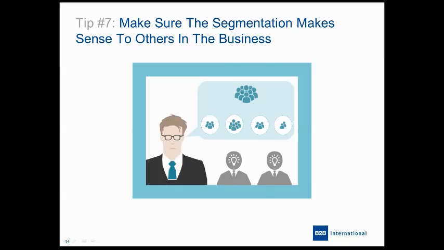Will people be able to identify with them? And will they be able to ask enough questions to put them into a segment, even if it's only in their own mind, if it's not necessary within your CRM? So are they believable? Are they relevant? Can they relate to them? And most importantly, are they actionable?